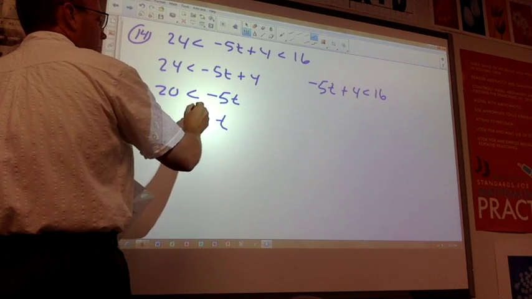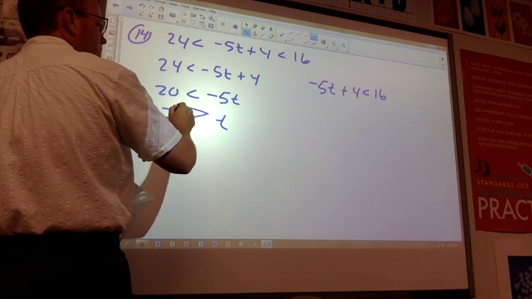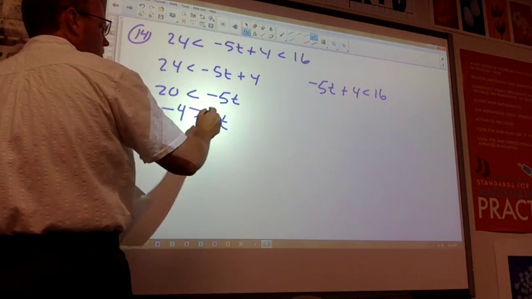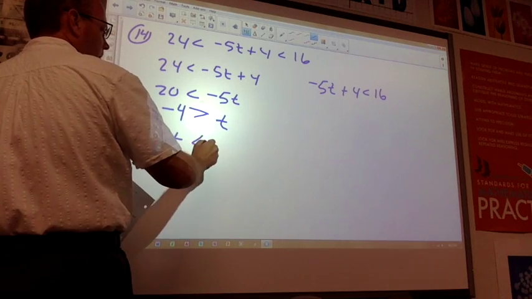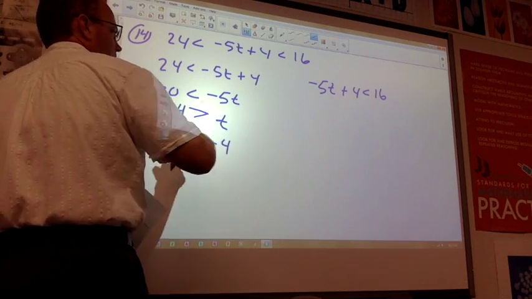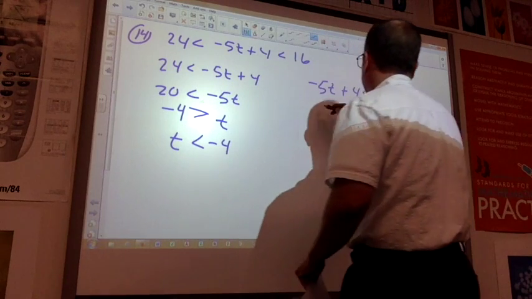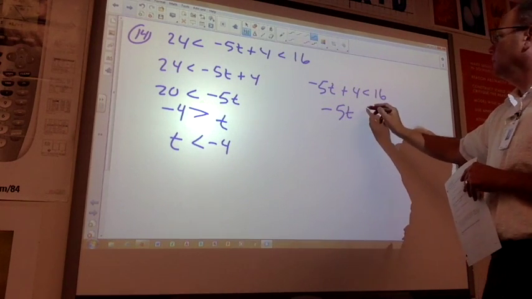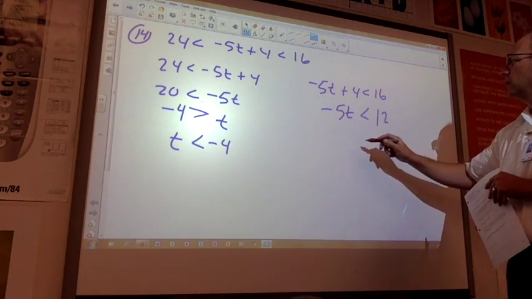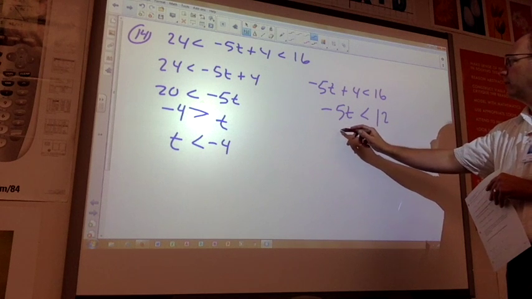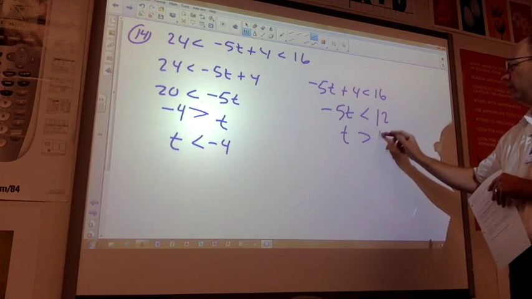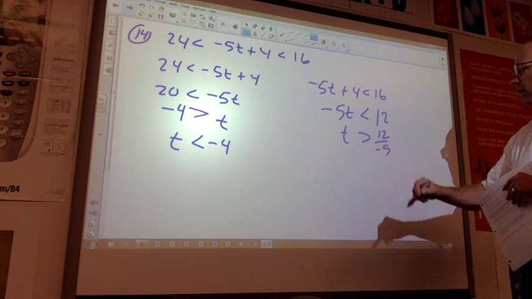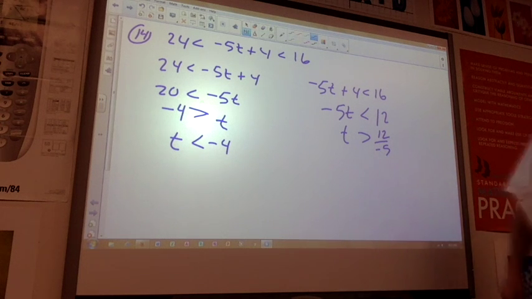Divide. So that sign flips. And then I'm going to flip this back over so I can look at the way it should graph. Okay, I got that. And t is greater than 12. Is that right? Wait, I did negative 2 and 2.